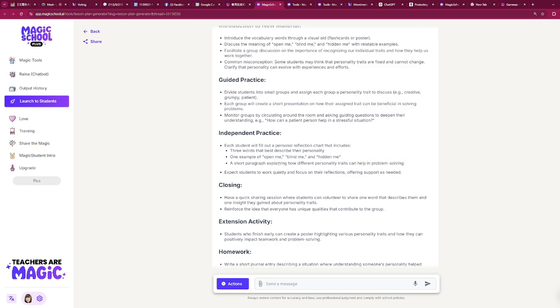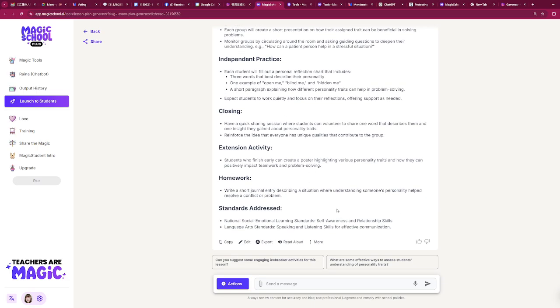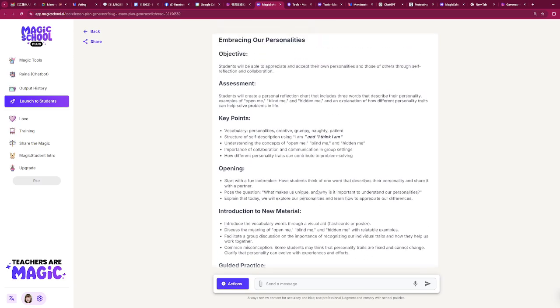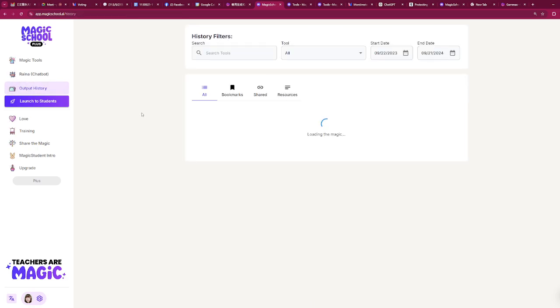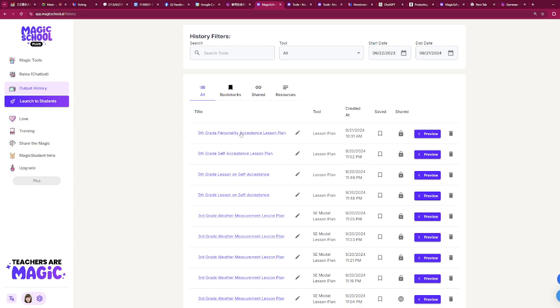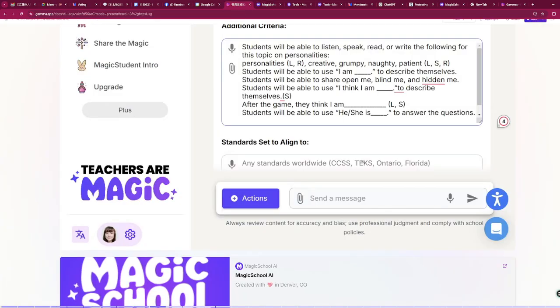So the framework is different, and it's only a one class lesson. If you need 4 lessons, you'll need to do it 4 times. But the output history is all right here on this page, so you can see I have several iterations of the same lesson plan.